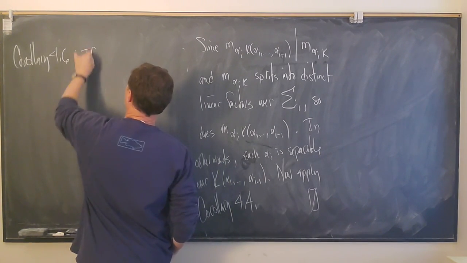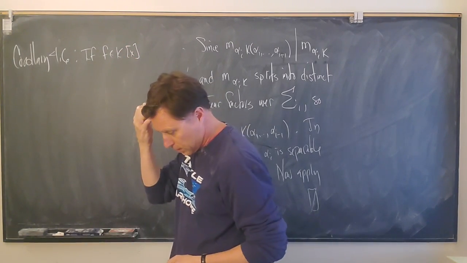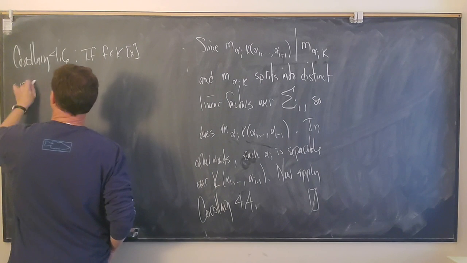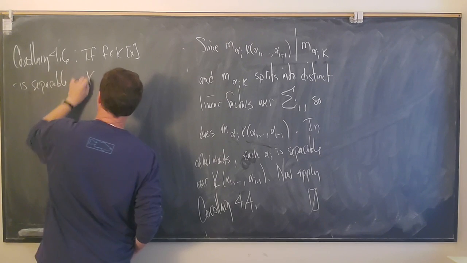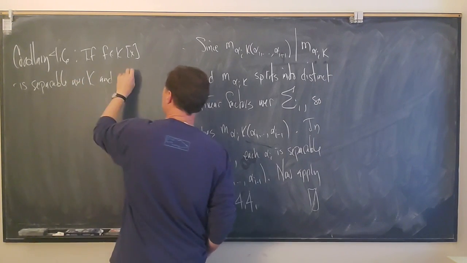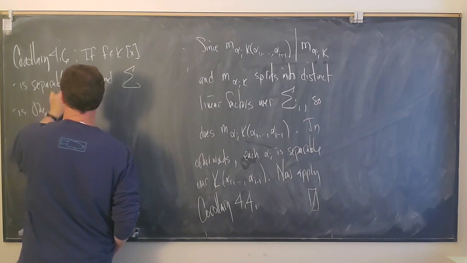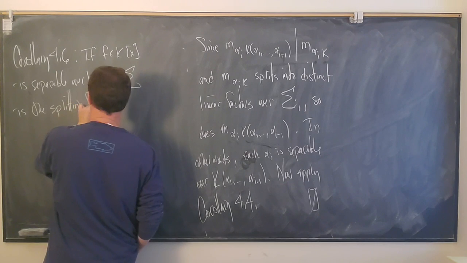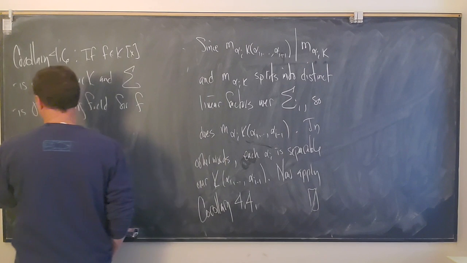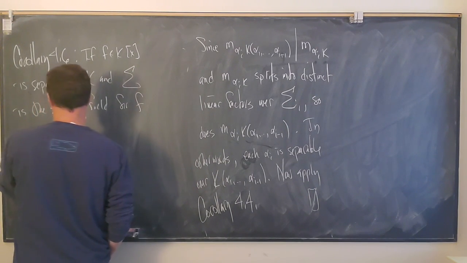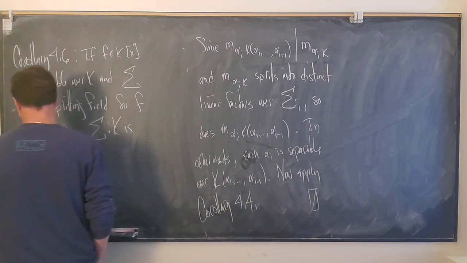So if f in K bracket x is separable over K, and sigma is the splitting field for f over K, then sigma over K is separable.